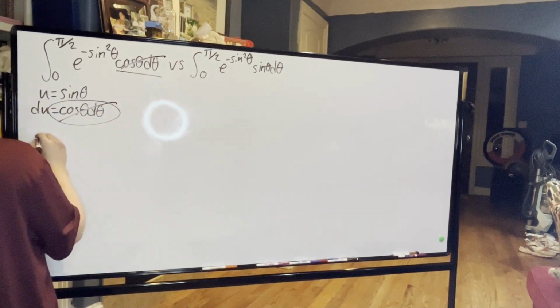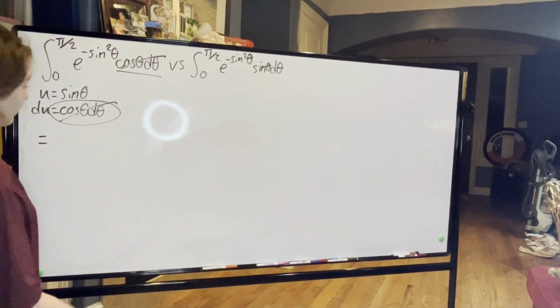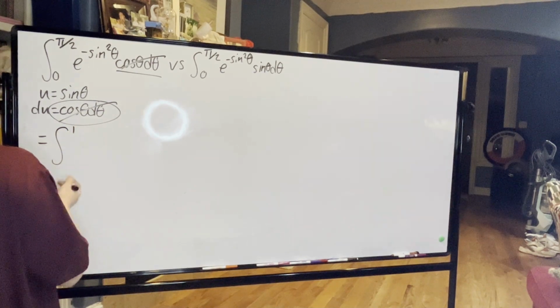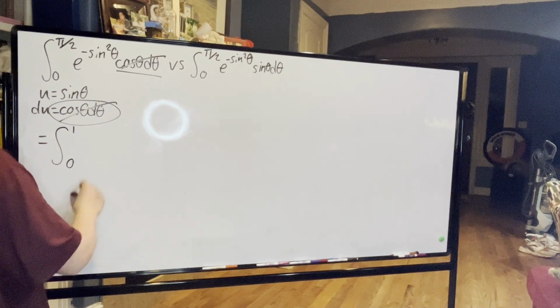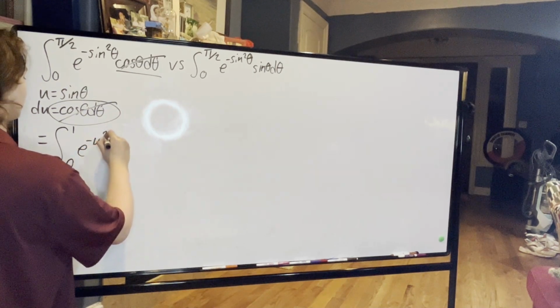So then we change our limits: sine of pi over 2 is 1, sine of 0 is 0, so then we get the integral from 0 to 1 of e to the minus u squared du.